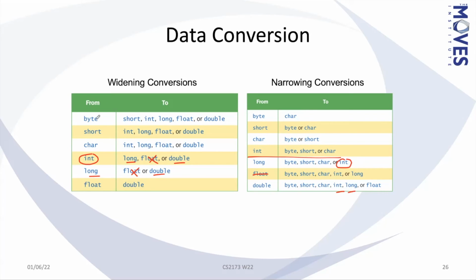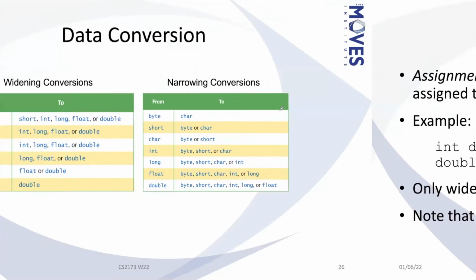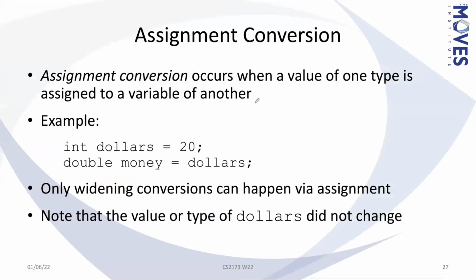But now, we can always widen, but when you narrow, you have to do something special. One thing we can do is take a value and simply assign it to another variable of a wider type. This is an example of that. Here dollars is an int, and we assign it to a double, and we don't need to do anything else because this can always be successful.